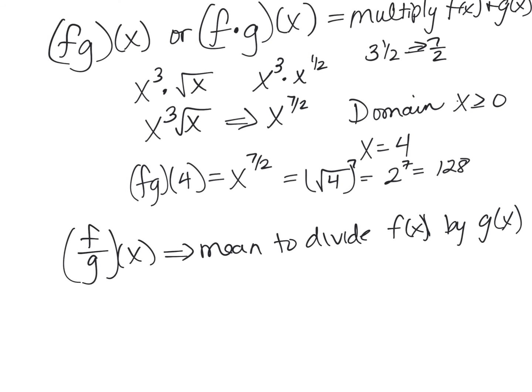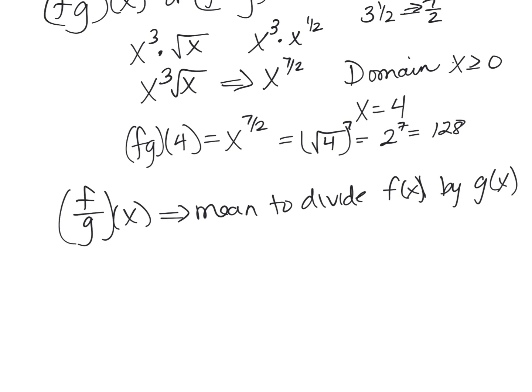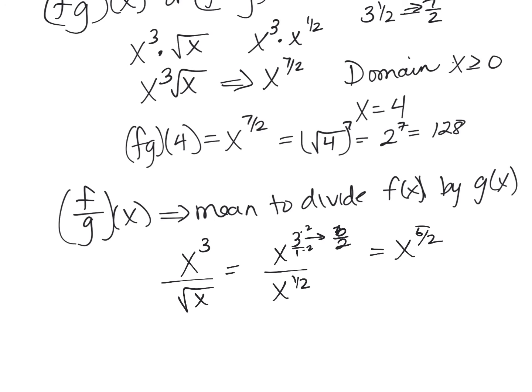And here's a situation where it might be easier to look at this in terms of x cubed divided by the square root of x. We might want to write that as x to the 1/2 power. And then I could subtract. 3 is 6/2, right? 3 over 1 times 2 over 2. So I get 6/2 minus 1/2 is x to the 5/2.